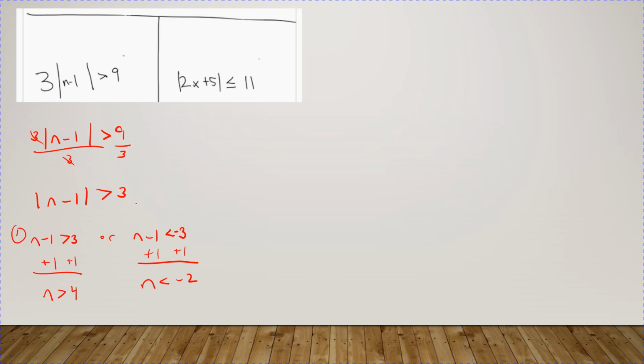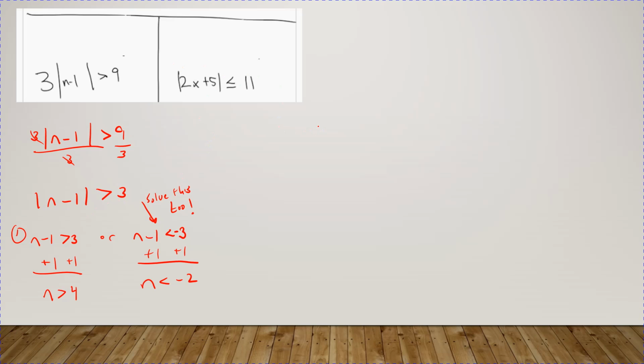All right, so you have to solve this one here. Sorry about that. And look, if you take a number like -5, because -5 is less than -2, you get -5 minus 1, right over here, which is -6. But when you take the absolute value, that's greater than 3.